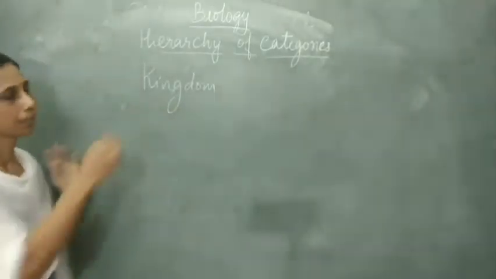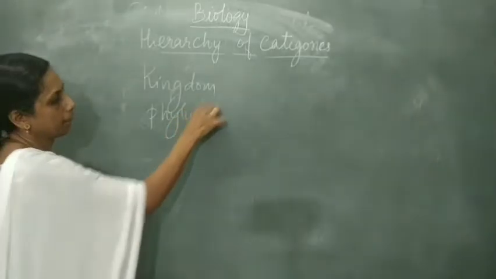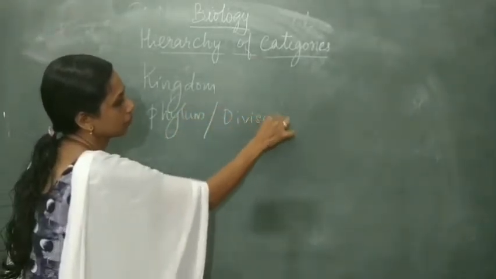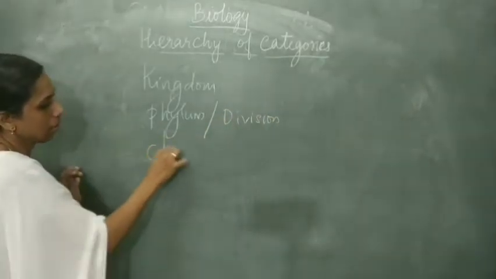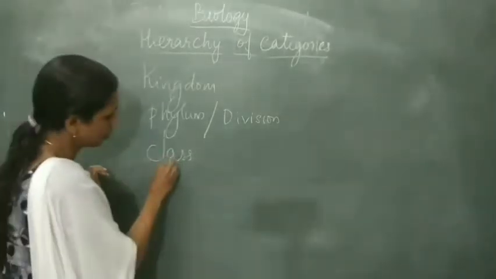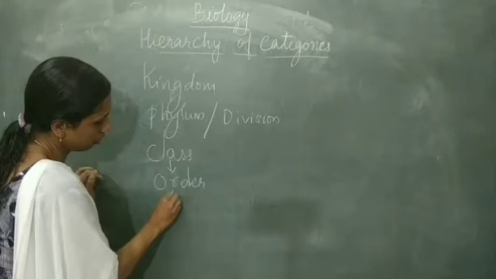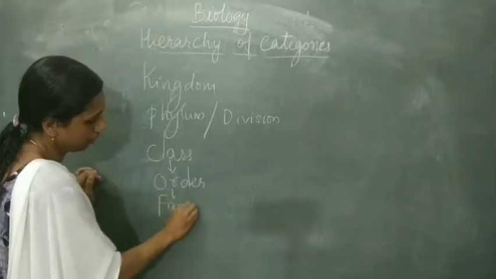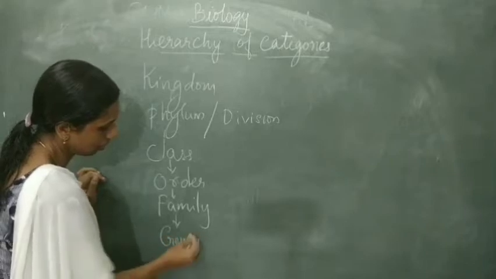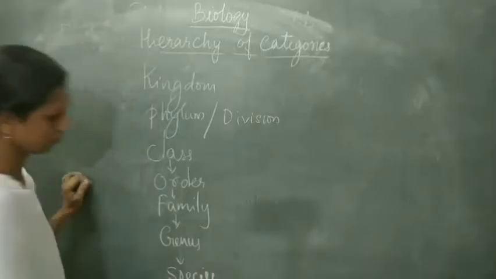So kingdom, then phylum, or in plants it is called division. Then class. After class, order. After order, family. After family, genus, and the last is called species.